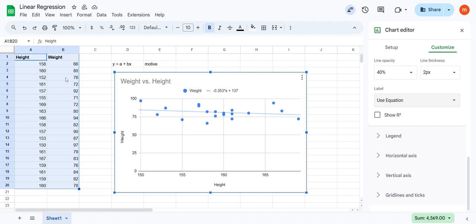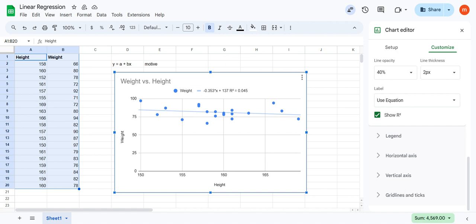So here the weight is the dependent variable and the height is the explanatory variable, right? And then you're also going to click on r square here. R square is nothing but the coefficient of determination, which essentially gives you the variation of the model that you have done.